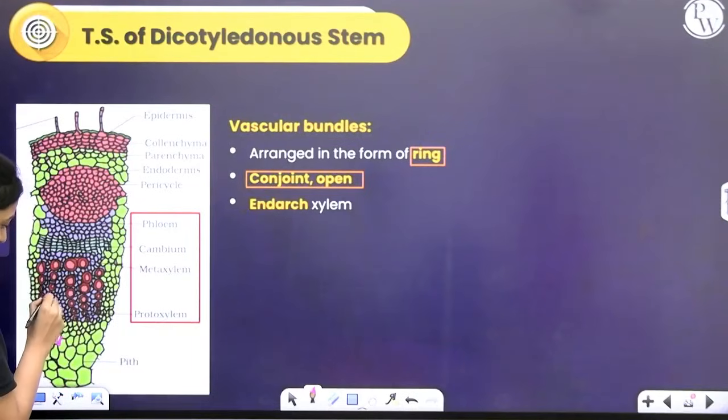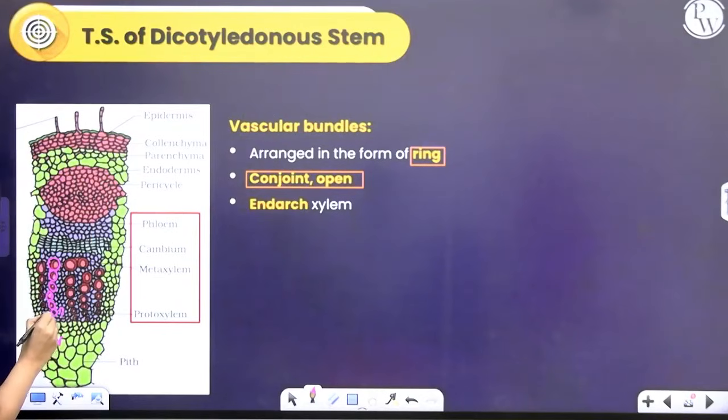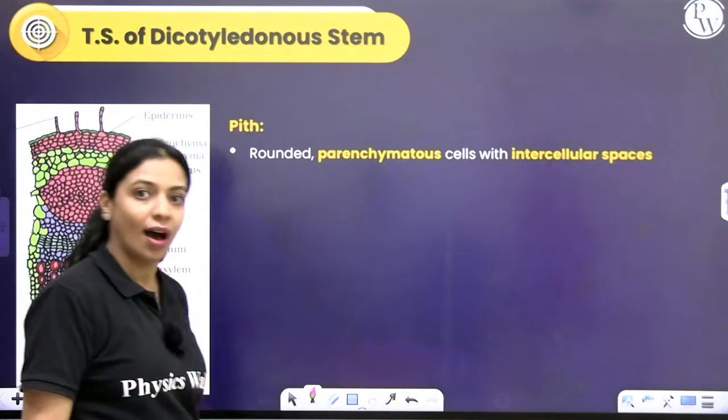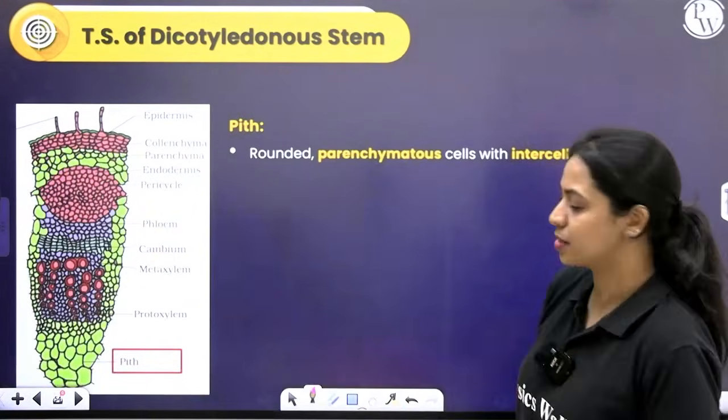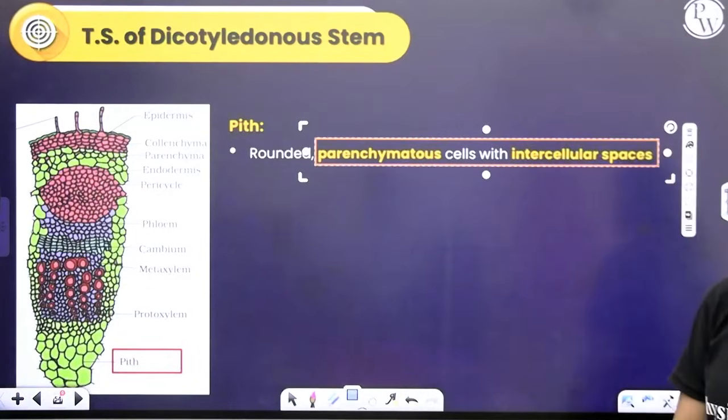It is towards the inside, while the metaxylem elements that are larger face the periphery. It depends on protoxylem. If protoxylem is facing inside, it's endarch. Right now, it is endarch. Talking about the pith, I showed you the pith was large, it was present in the center, and this pith has parenchyma cells with a lot of intercellular spaces. Okay, that's about the dicot stem.